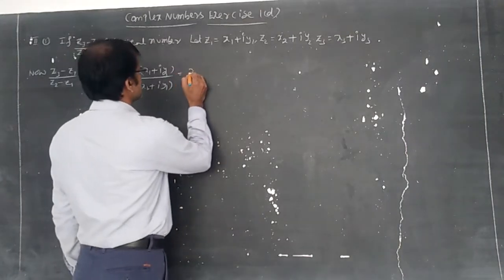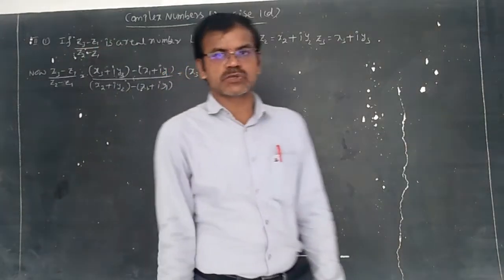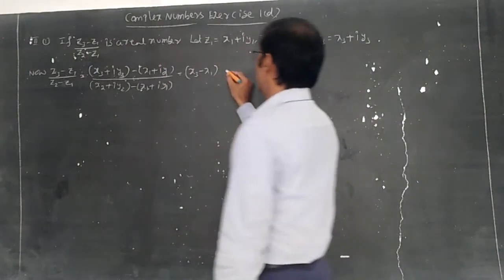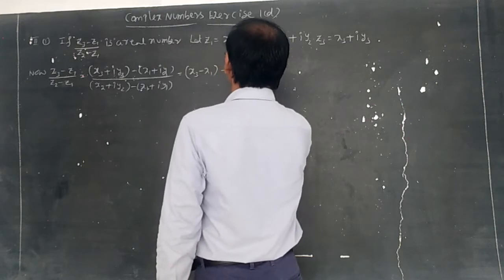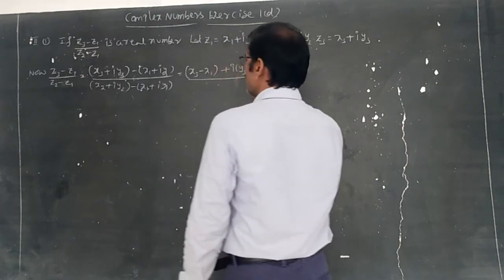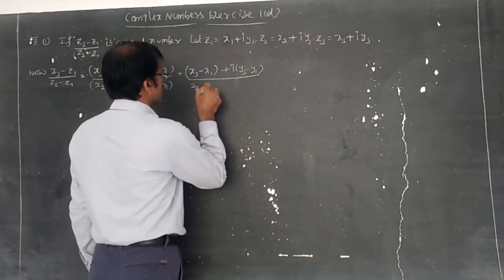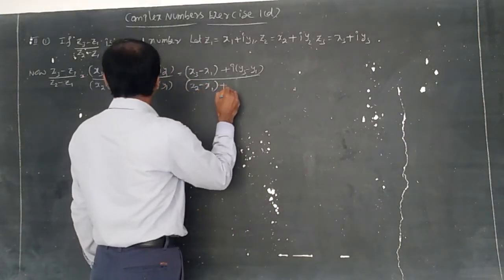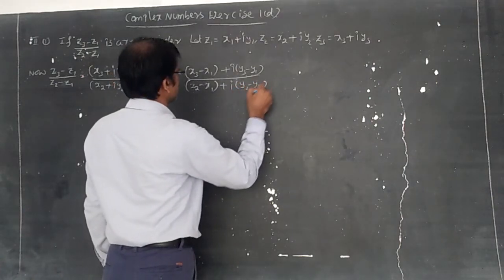That is equal to, write like this, (x3 minus x1) plus i into (y3 minus y1), whole by (x2 minus x1) plus i into (y2 minus y1).